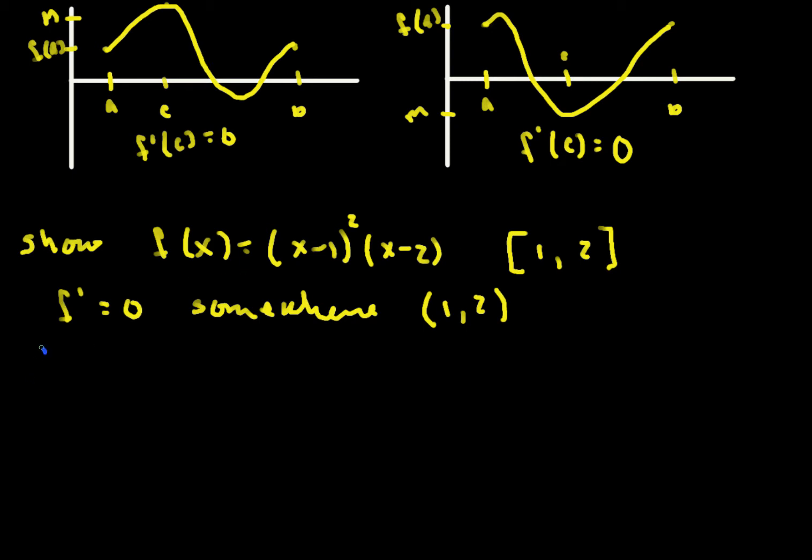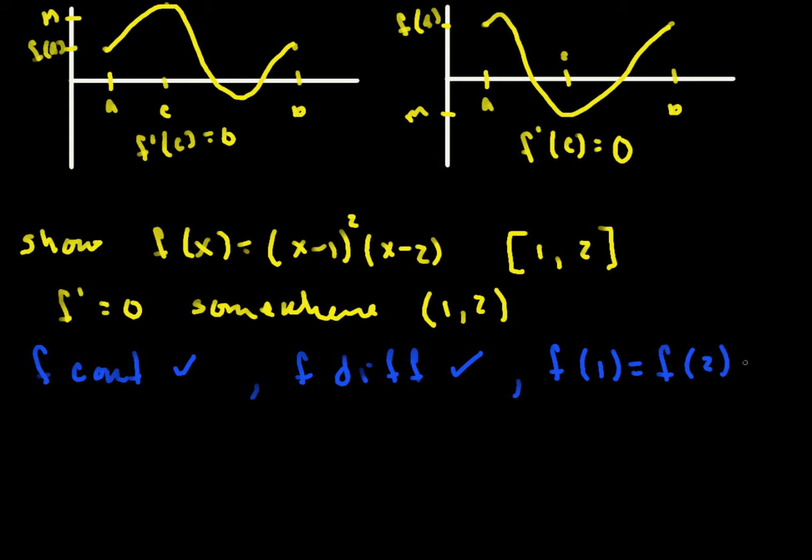So f continuous, yes. F differentiable, again, yes. Does f of 1 equal f of 2? That's the third part of the hypothesis. Well, f of 1 would be 0. F of 2 would also be 0.